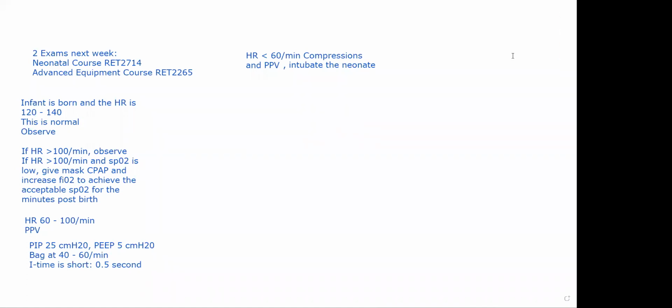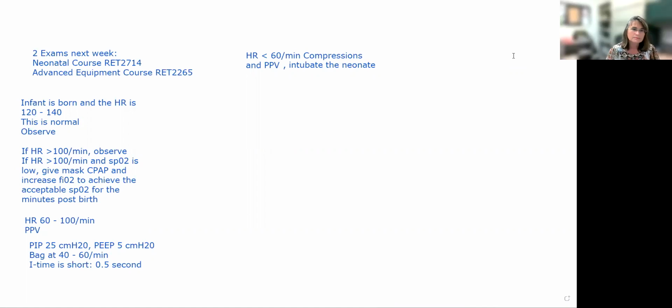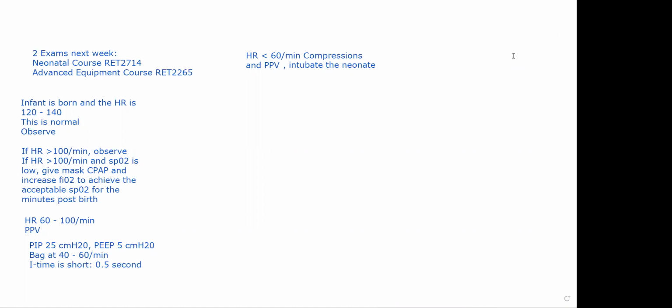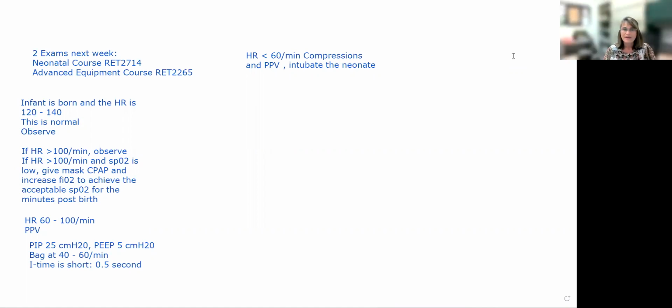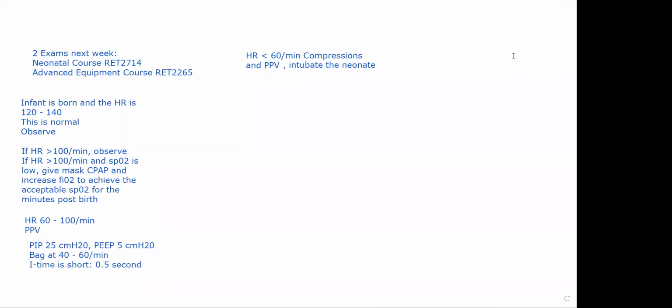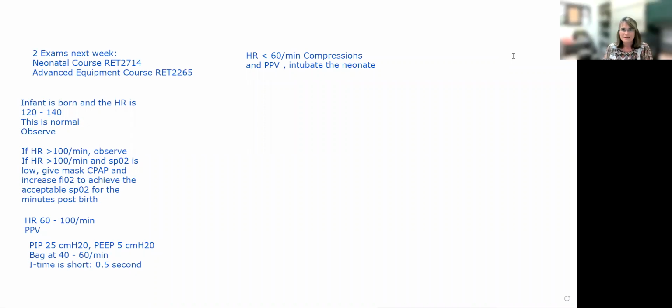Professor, do we need to know the FiO2 percentages for the different times of minute post-birth? Yes. If you can remember the first minute and what it should be by minute 5, instead of having to memorize every single minute, that'll be good enough. When they're born, the first minute, you want to see 60 to 65% O2 stat.